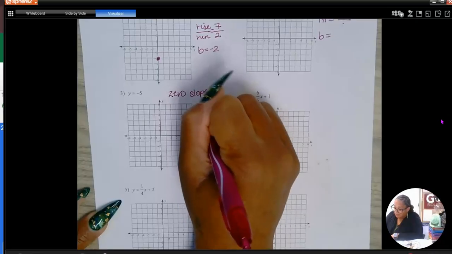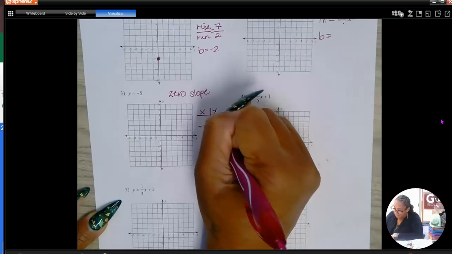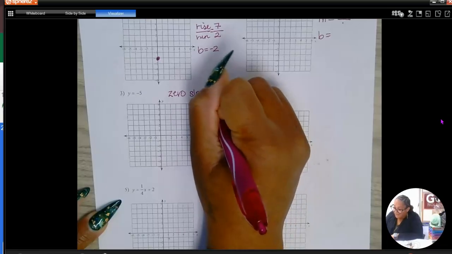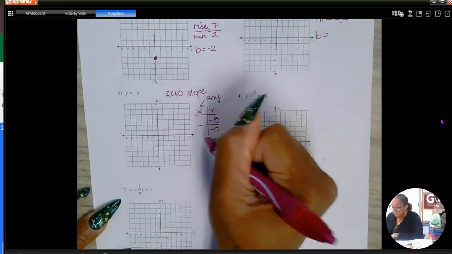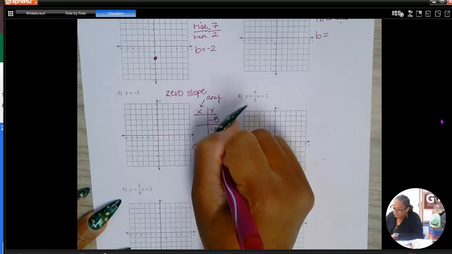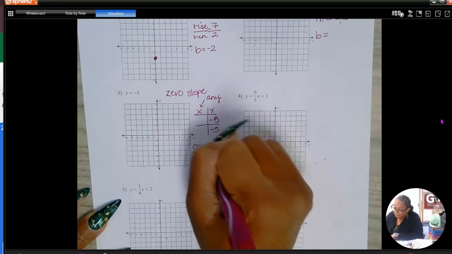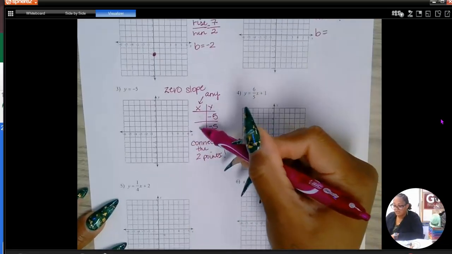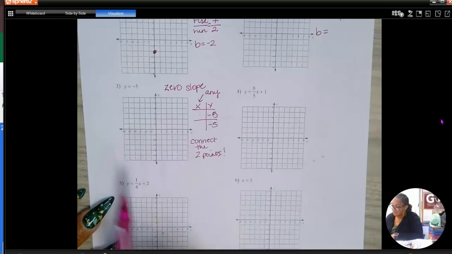Make a table. All of your y values will be -5. You can put any x value there as long as it's on this table and then connect them. Any two numbers from -6 to +6.